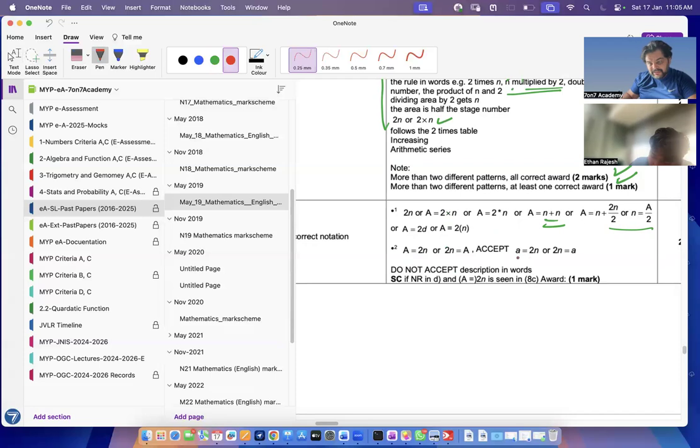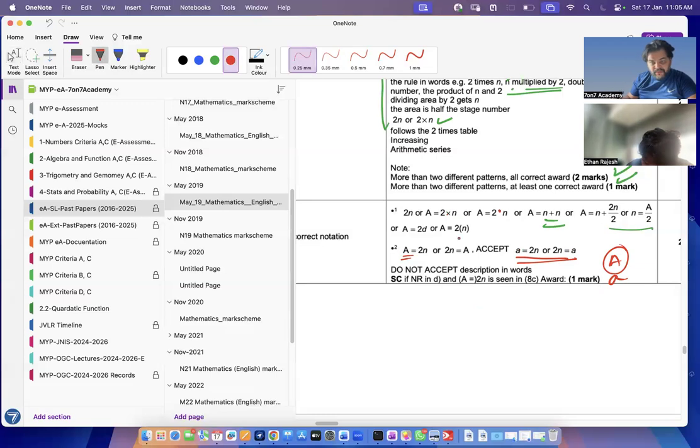This is an old paper, now this is also not accepted. So if you assumed the area is A, you can't write small a as the area. Here they're cutting marks for writing strict multiplication signs or addition signs. You don't have to use those in the middle. They were accepting this earlier, but now they have stopped accepting it. If this is an uppercase letter, it has to be an uppercase letter.